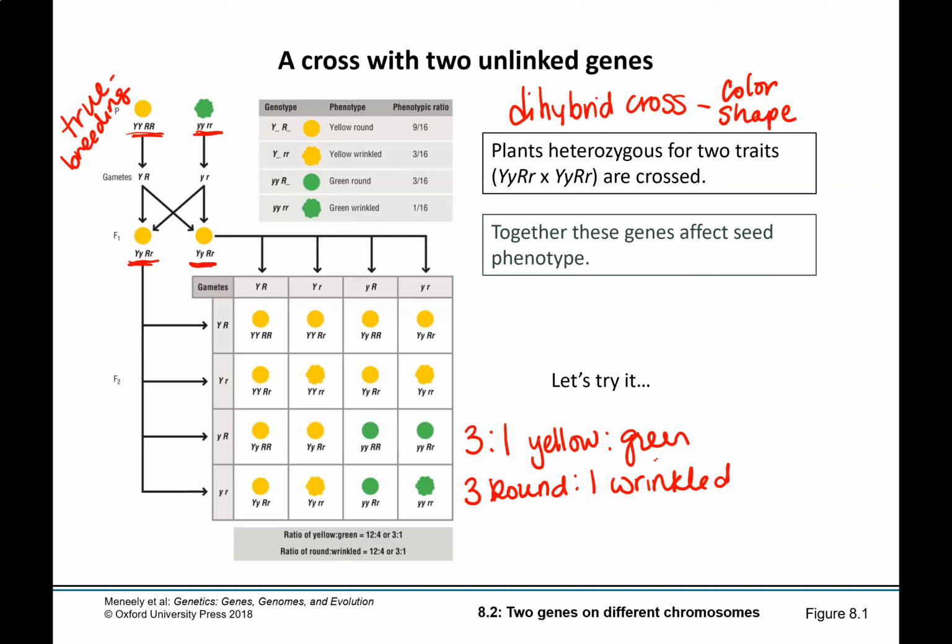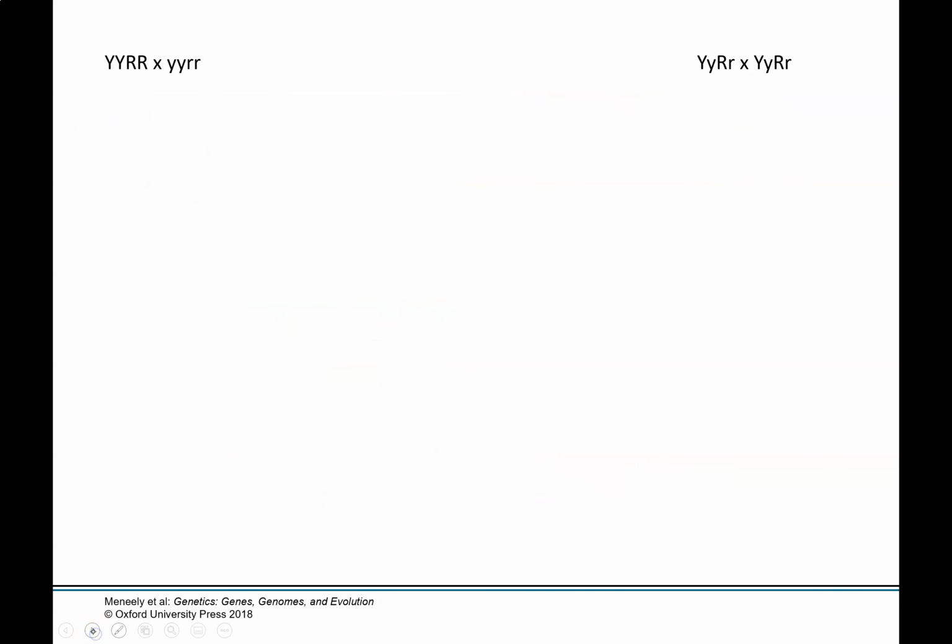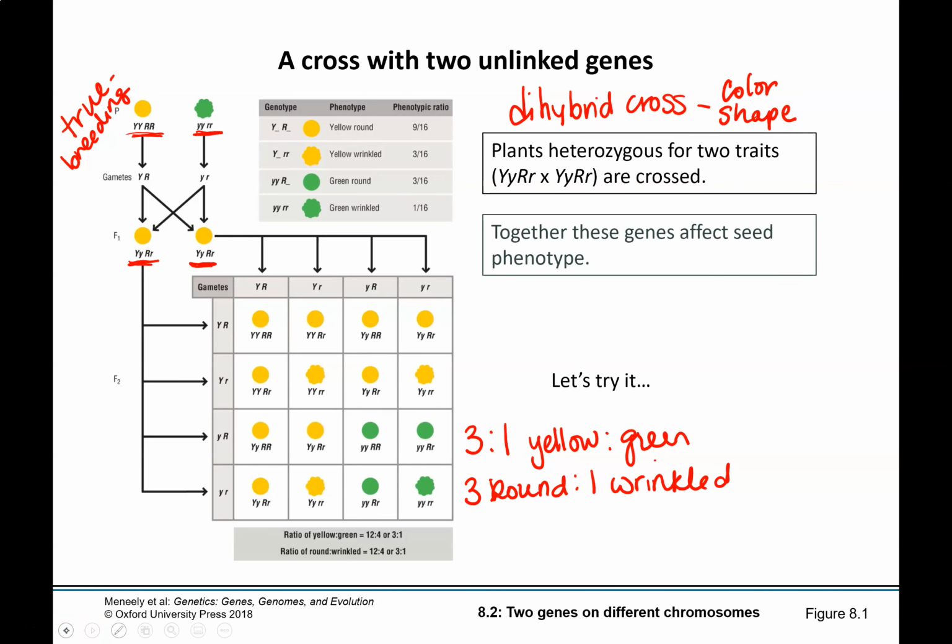But we have all kinds of combos in there, right? So although we have 3-to-1 for each of the traits, if you look, we have different combinations. Here we have a yellow and round. Here we have a yellow and wrinkled. So let's actually work these problems and see how much of each of these traits or combinations we get.